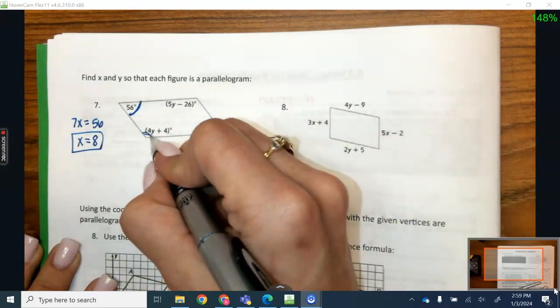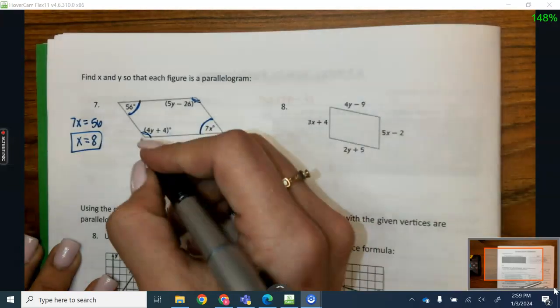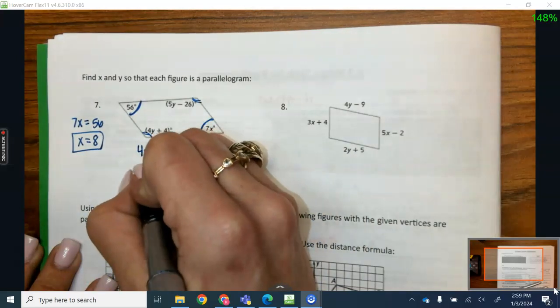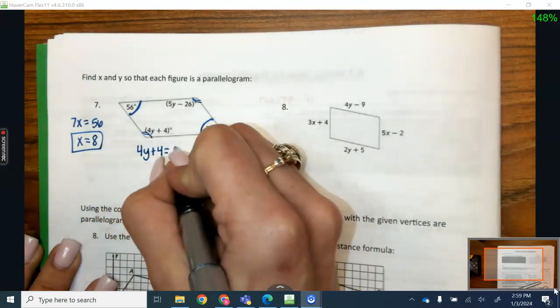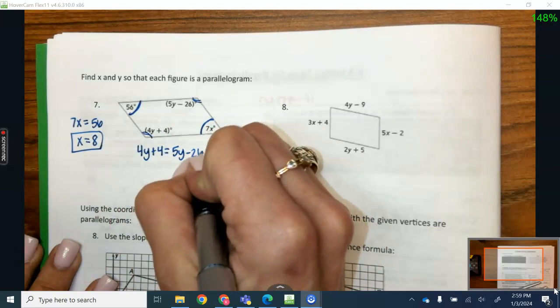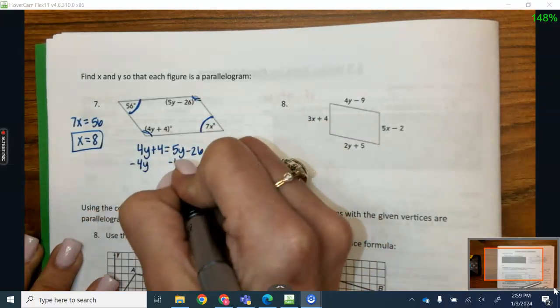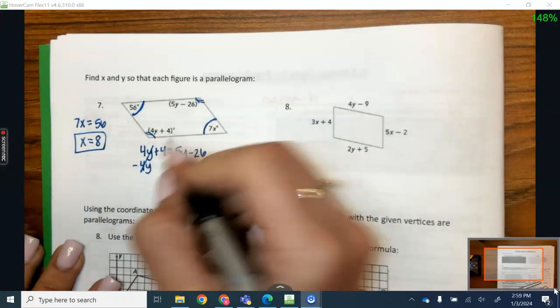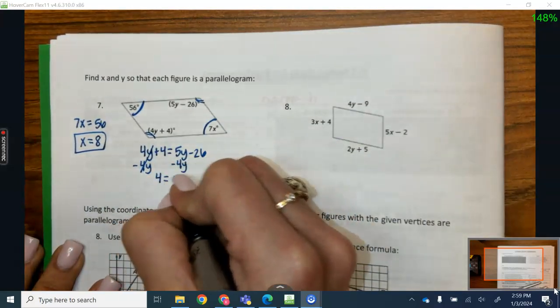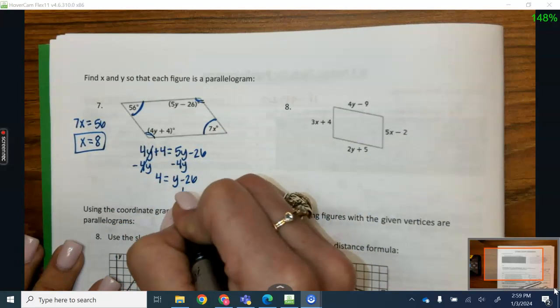Same with these two angles. These two angles should be the same, so I would set them congruent to each other. 4y plus 4 is equal to 5y minus 26. Get my variable on one side. That cancels. 4 is equal to y minus 26.